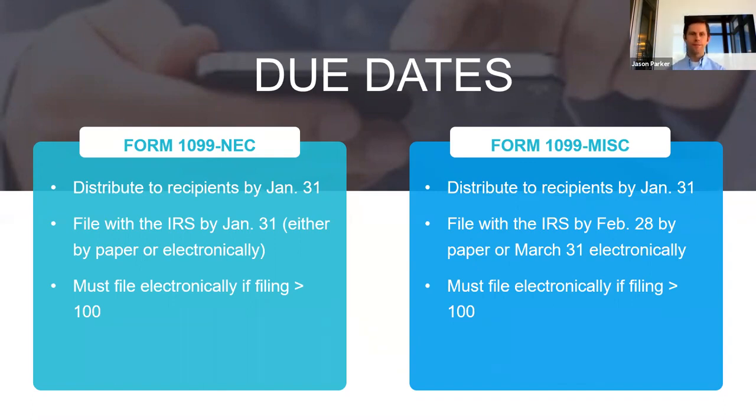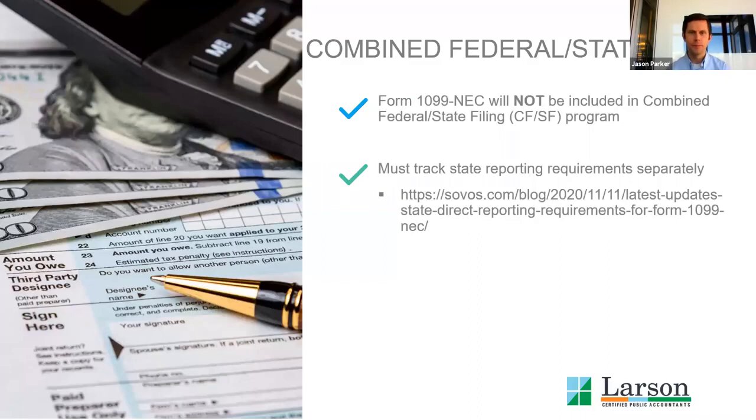Next slide. One last thing to note about Form 1099-NEC is that Publication 1220 indicated that Form 1099-NEC will not be part of the combined federal/state filing program. This means that you'll need to keep track of state filing requirements separately.